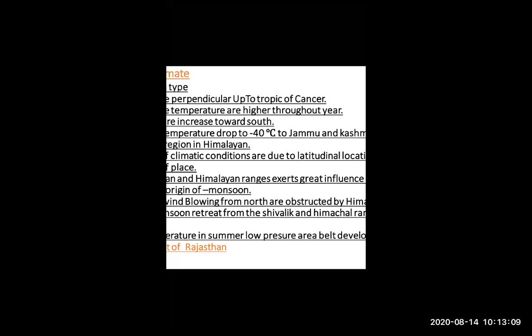Now, what is the meaning of retreat? Retreat means withdrawal, or coming back, both are the same. So when winds coming from the north side of the Himalaya are obstructed by the Shivalik ranges, the winds change their direction and the temperature also decreases.